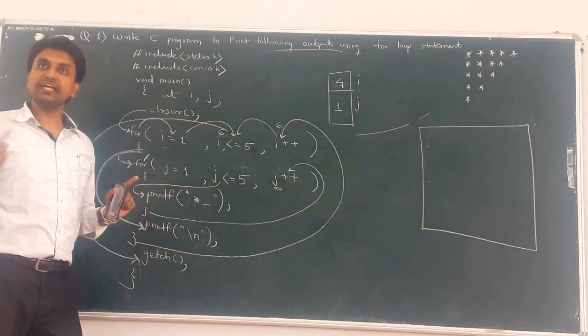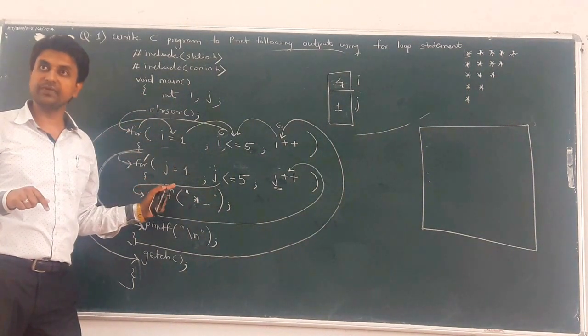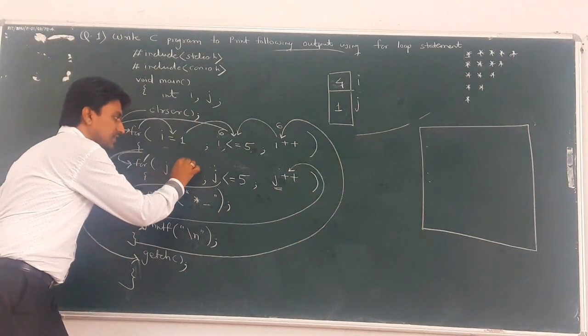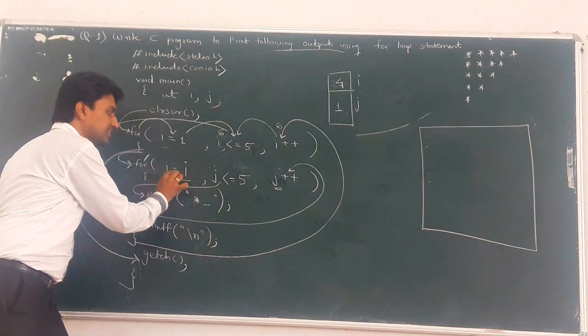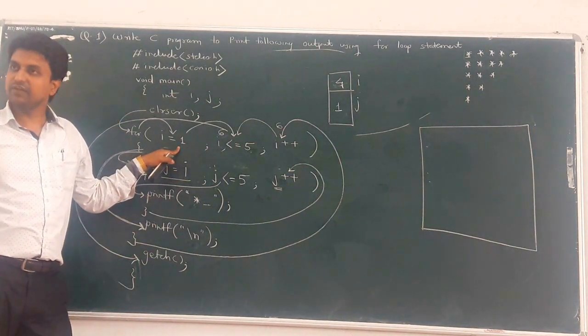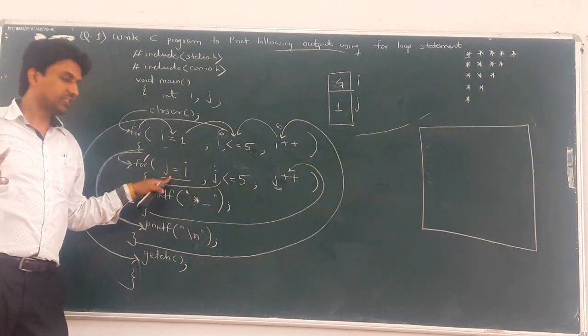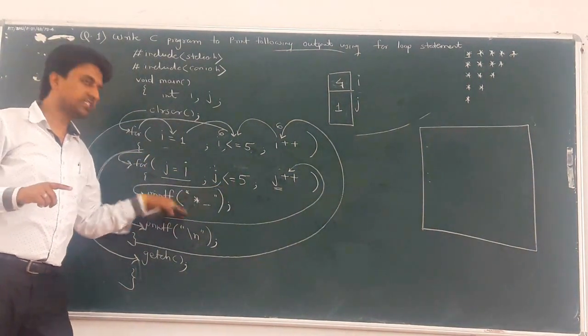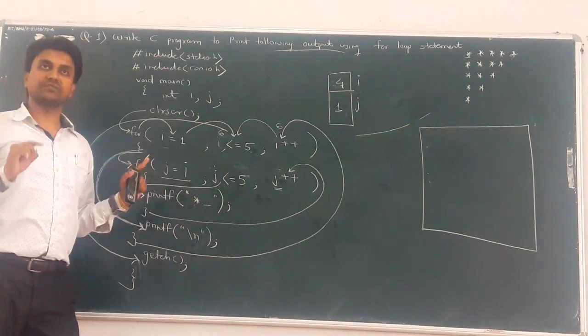But the statement executes 5 times only for the first row. For the second row, how many times should we execute this statement? 4 times. So the initialization becomes j equal to i. First time, the value of i is 1, so j runs from 1 to 5, 5 times.